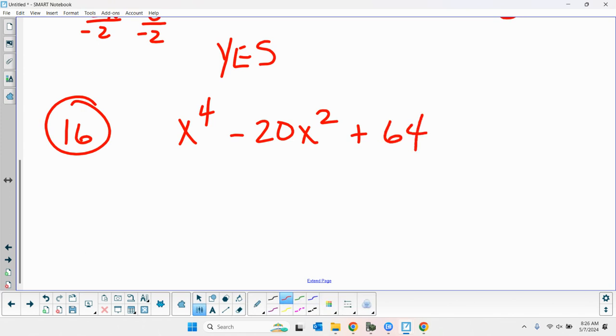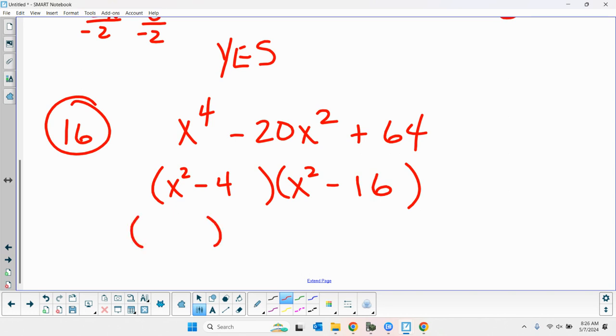We're supposed to try to factor that. What factors of 64 add up to negative 20? No idea? How about negative 4 and negative 16? Yes. What are those called? Difference of squares, right? x plus 4, x minus 4.